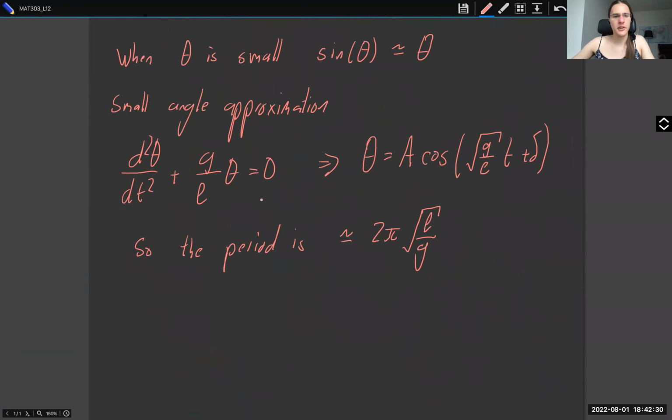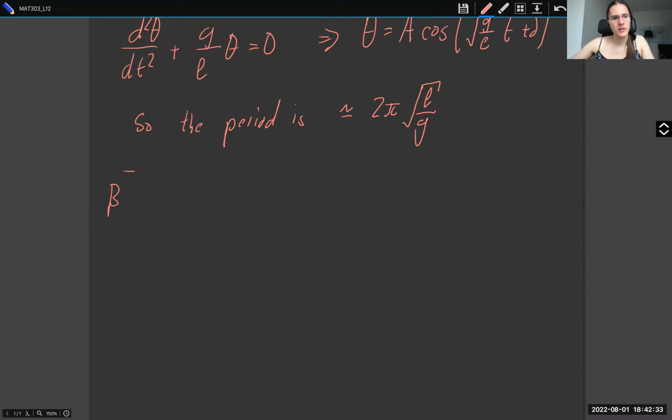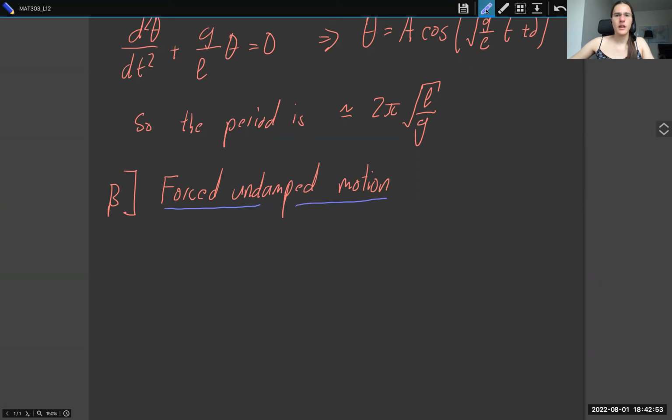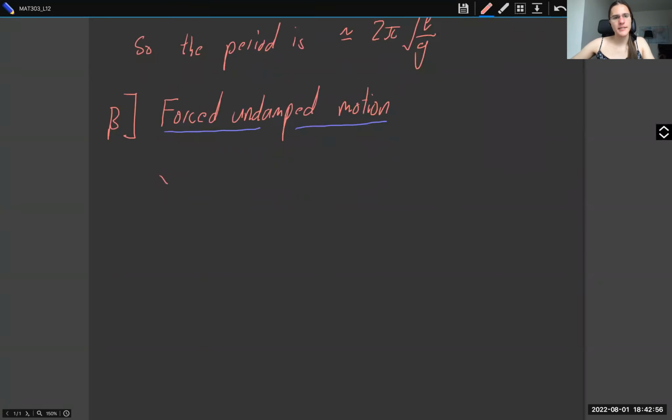So now we're going to consider case beta, which is going to be forced undamped motion. And this is going to be the equation x'' plus omega naught squared x is equal to f(t).